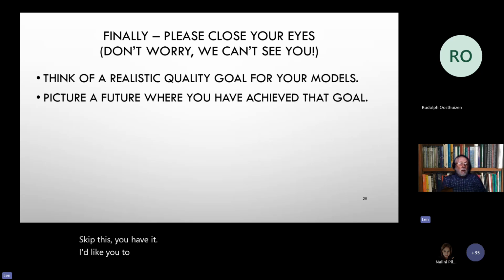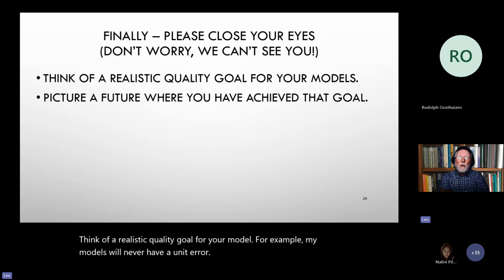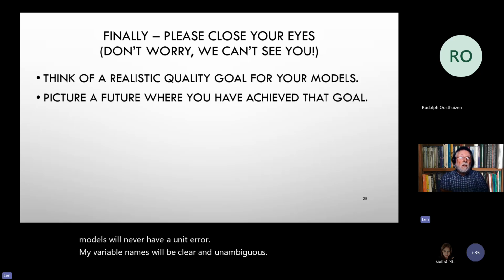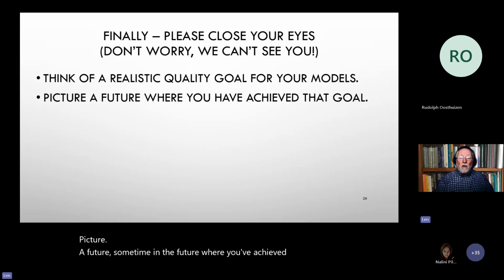Close your eyes. I can't see any of you. Think of a realistic quality goal for your model. For example, my models will never have a unit error. My variable names will be clear and unambiguous. Next, picture a future, sometime in the future, where you've achieved that goal. All your models are fantastic and well built.